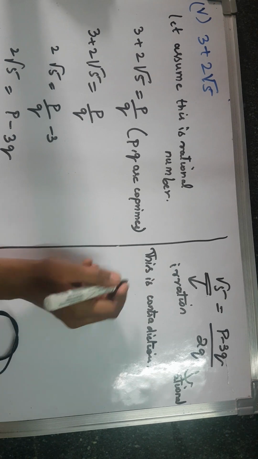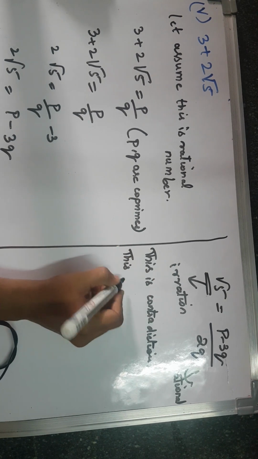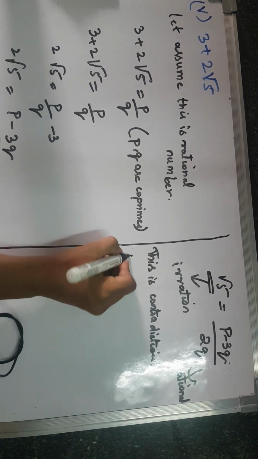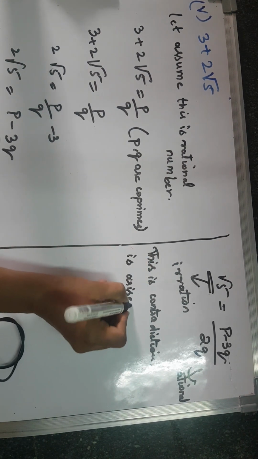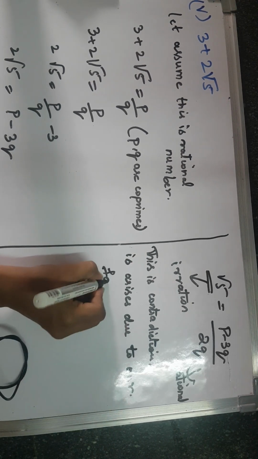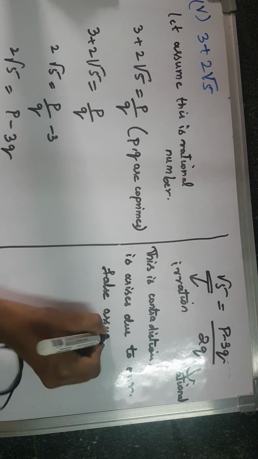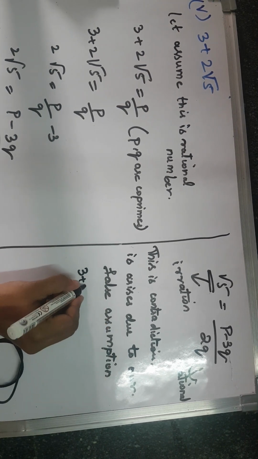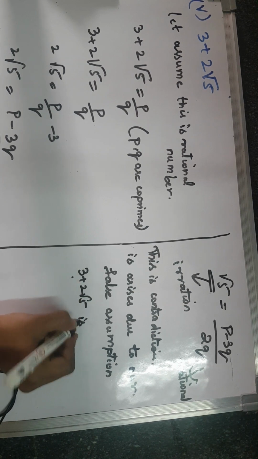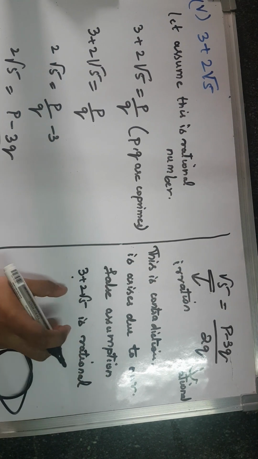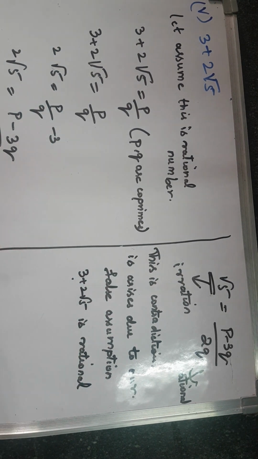This contradiction arises due to our false assumption that 3 plus 2 root 5 is rational.